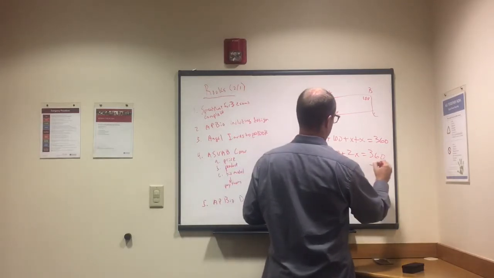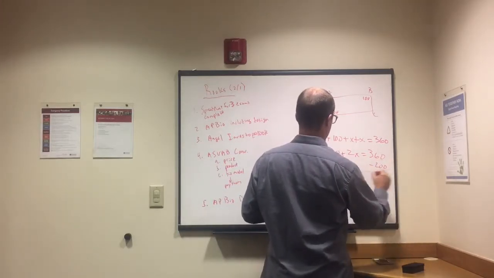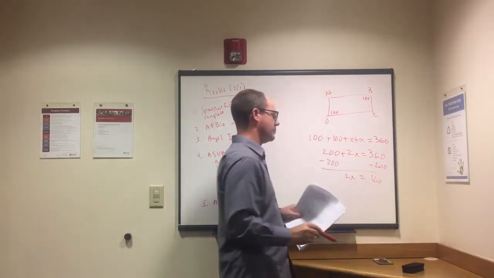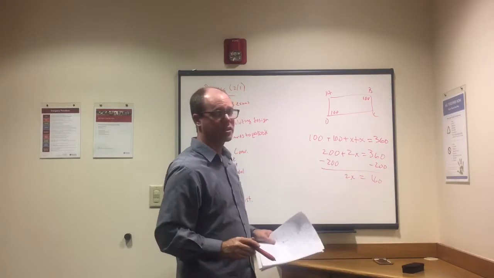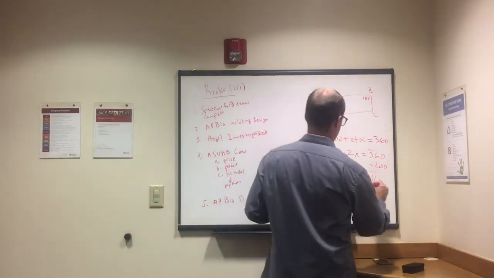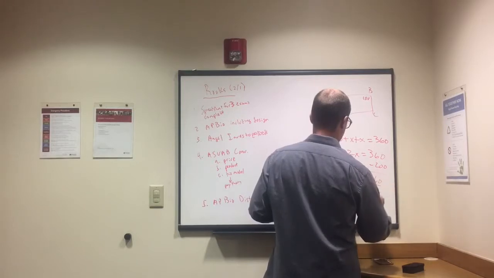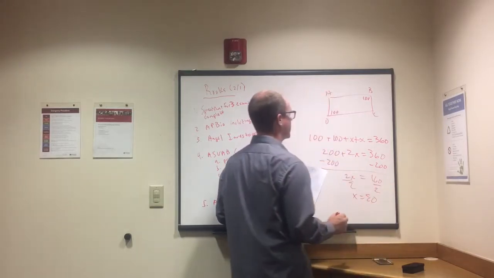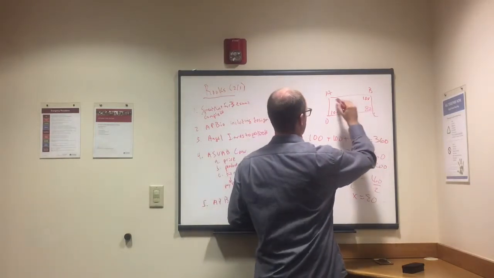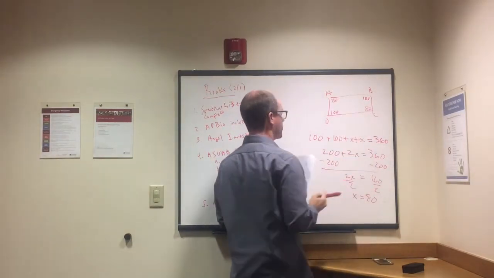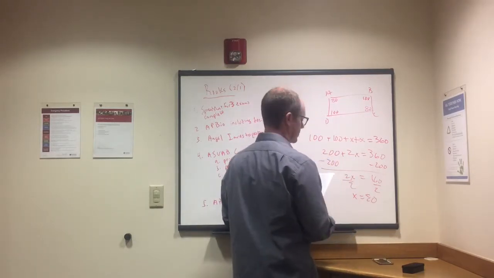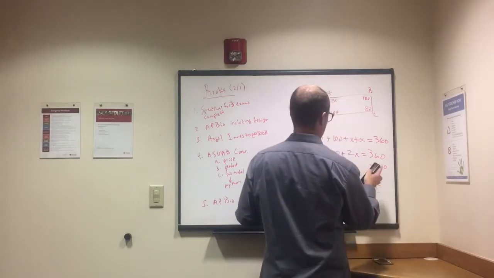Subtract the 200 each side. 2x equals 160, because 360 minus 200 is 160. Divide each side by 2. X equals 80. So that means C will be 80, A will be 80.